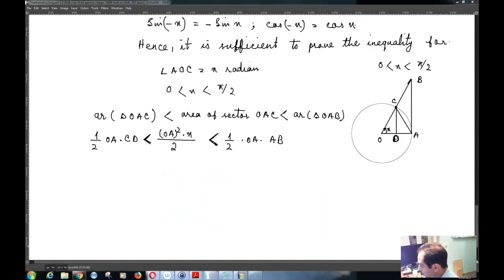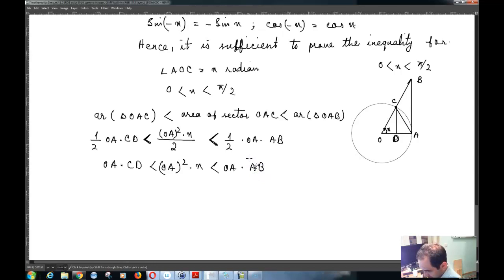Now what I want to do here is multiply every part of this inequality by positive 2, so that these 2's will cancel out. Since 2 is a positive number, I can simply write OA times CD is less than OA squared times X is less than OA times AB.